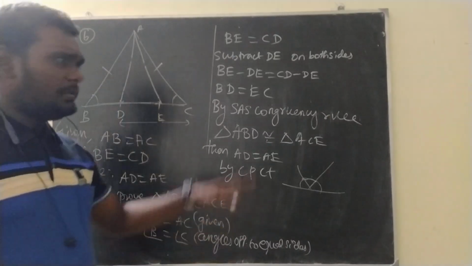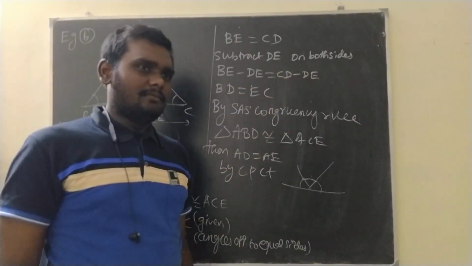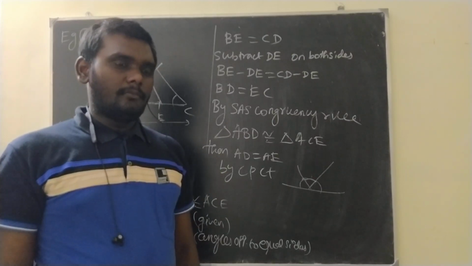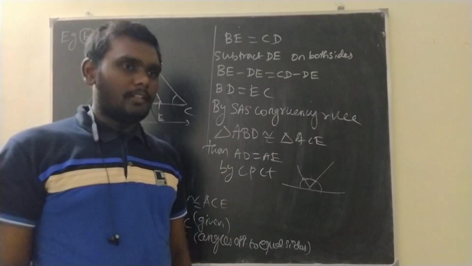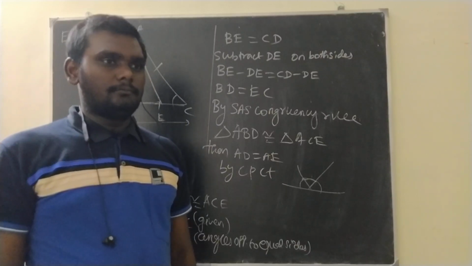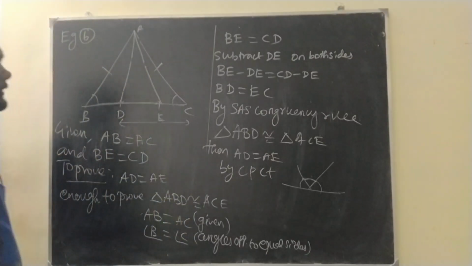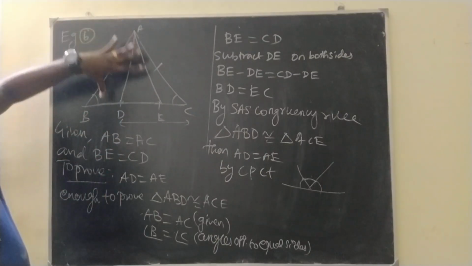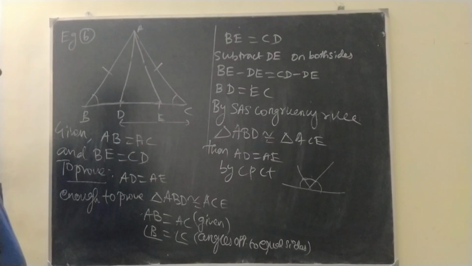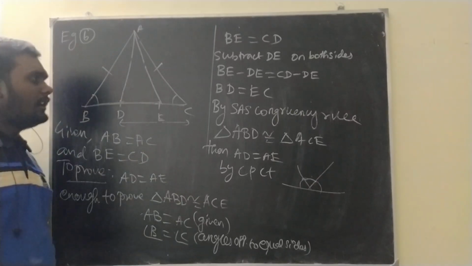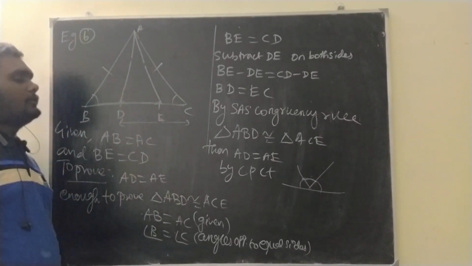Now, without doing this subtraction and all, is it possible to do the question? Yes, of course it is. Instead of taking these small parts, if you take this whole part, would that be helpful? Yes, of course, but it would be harder to differentiate these two triangles.